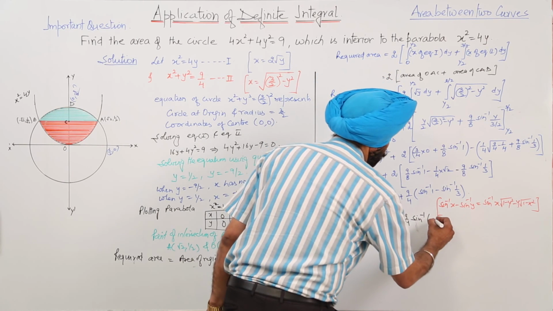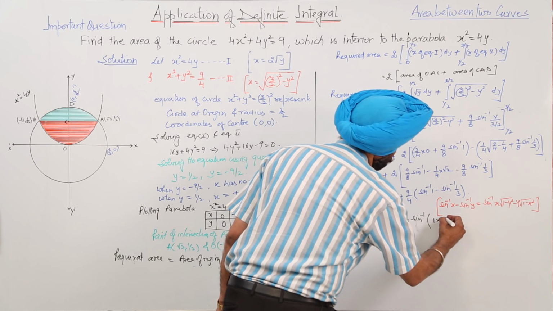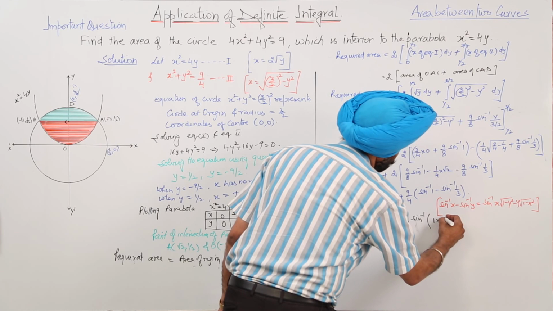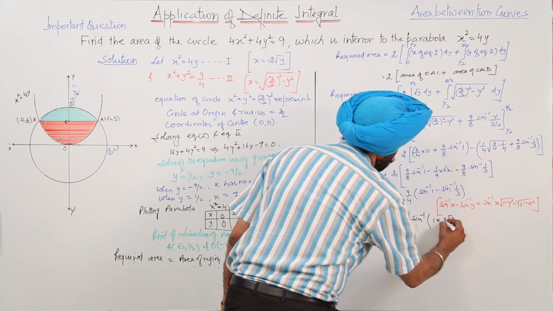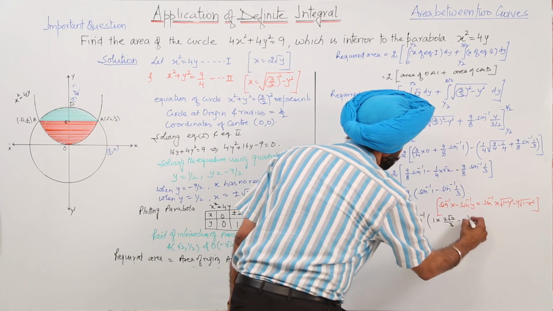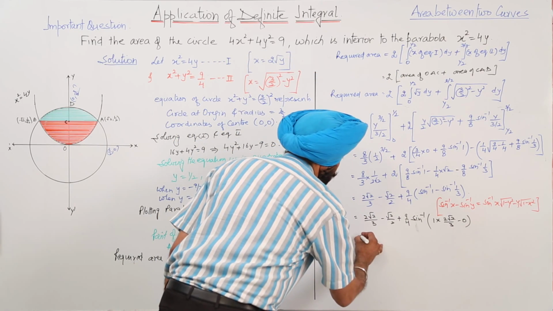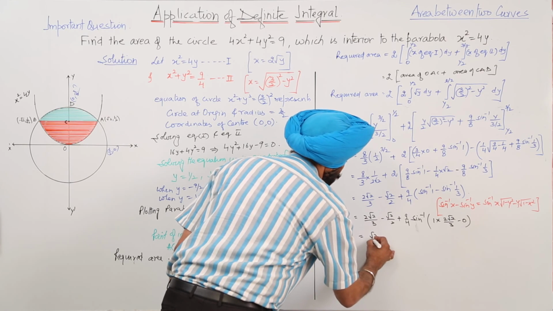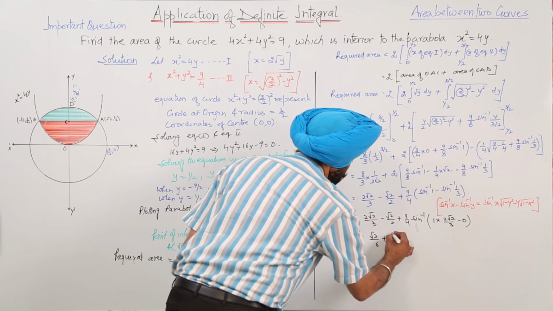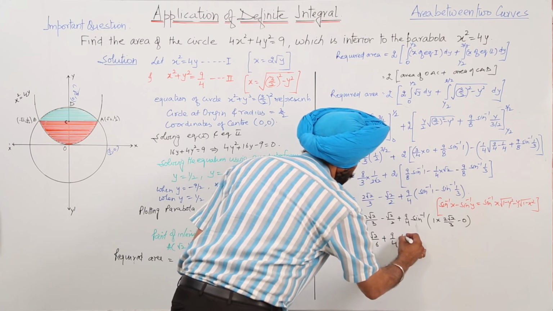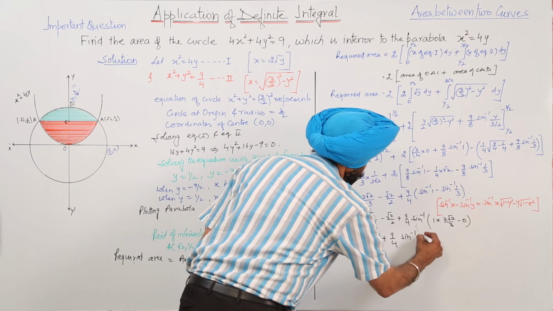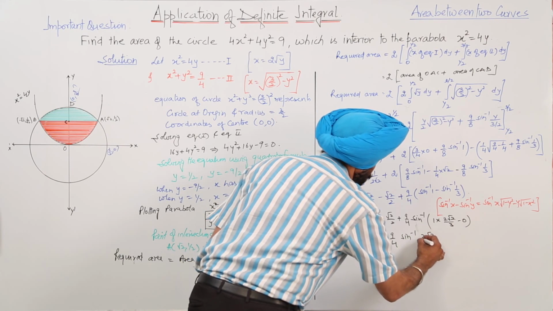So we are getting 1 into 2 root 2 by 3 minus 0. So finally now what we are having? Root 2 by 6 plus 9 by 4 sine inverse 2 root 2 by 3.